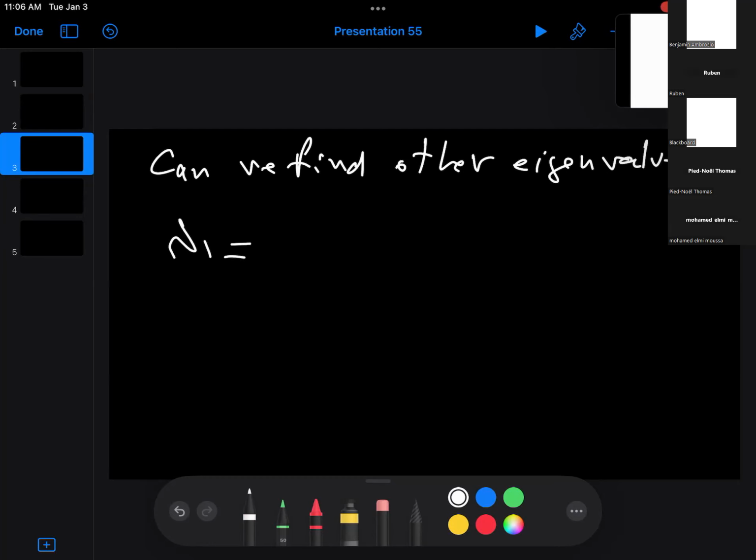So let's define lambda 1. Our lambda 1 will be a real number, and it will be defined by, I take the inf of this quantity, the integral over omega of, so let's write it this way.